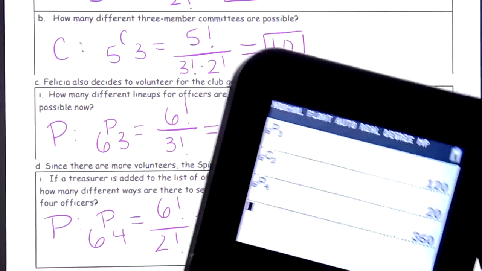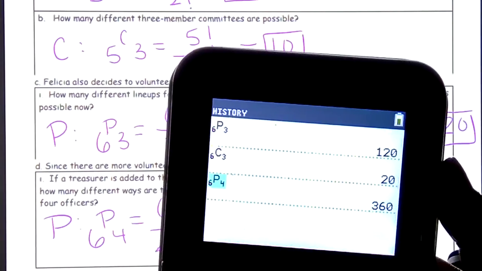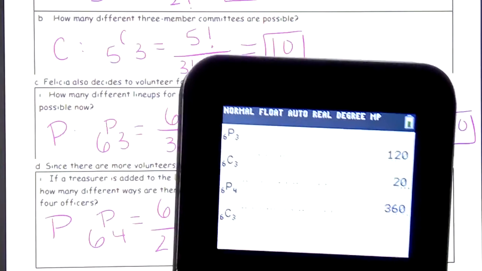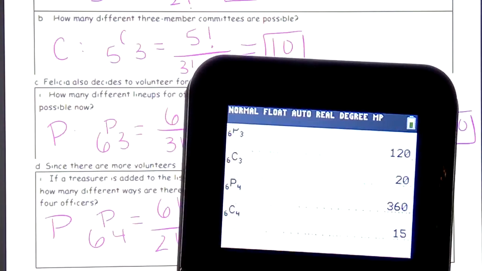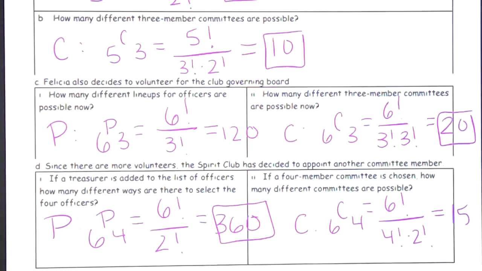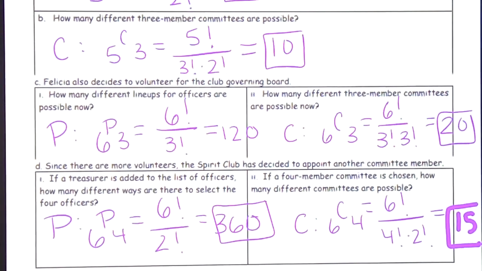So when I take 6 choose 4, I end up with 15 different ways. Okay. So now let's look at the next page.